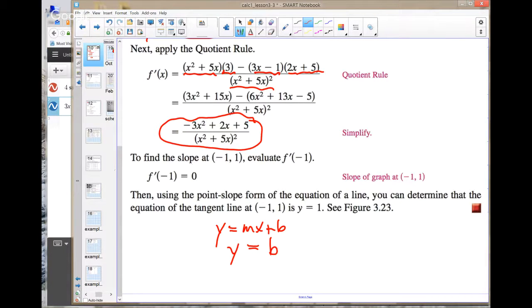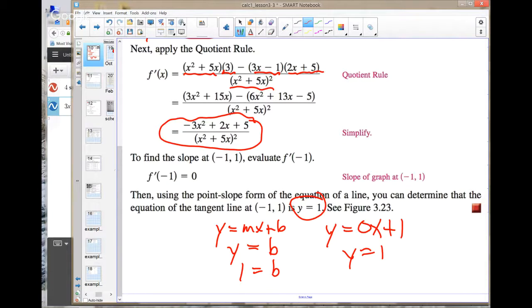And now just plug in the y coordinate, 1. So that's b. So it's y equals 0x plus 1, or just plain y equals 1, as you can see right there. So the rest of that problem, that's old stuff.